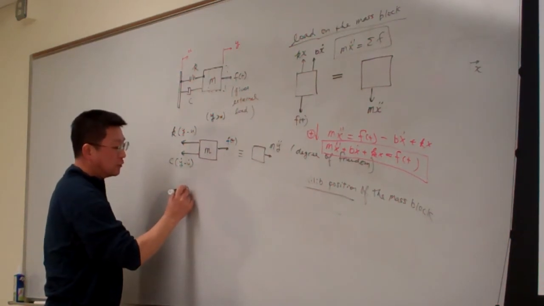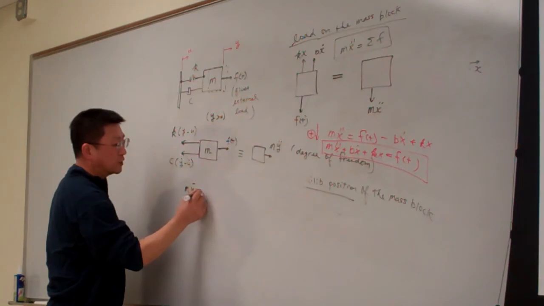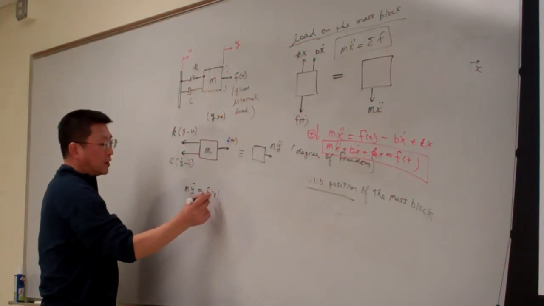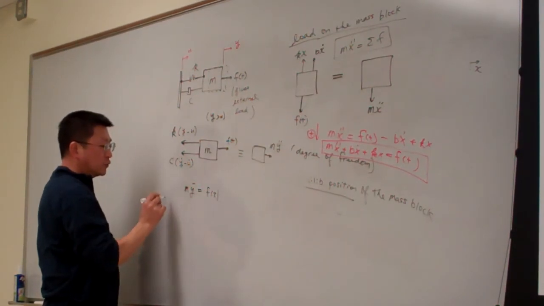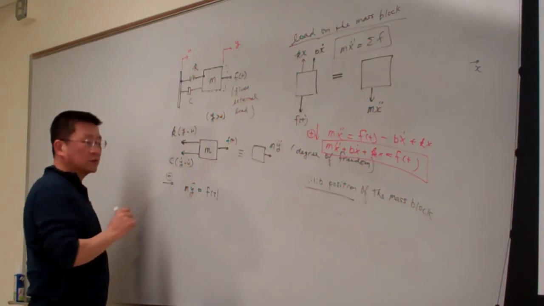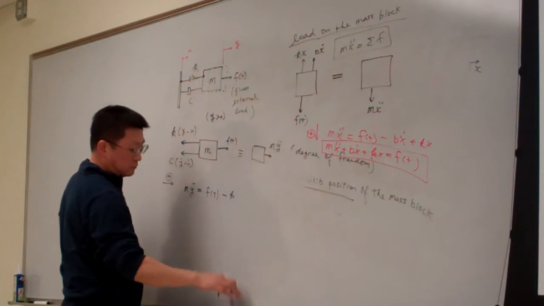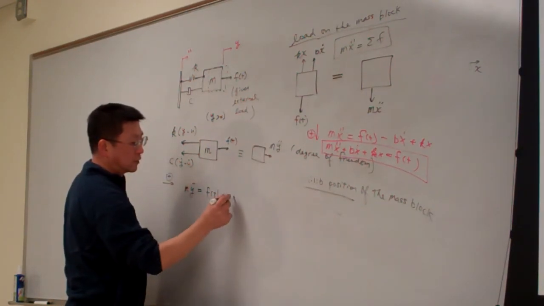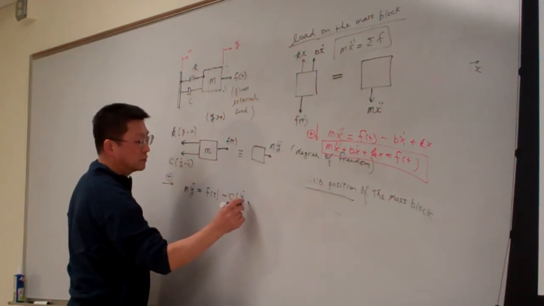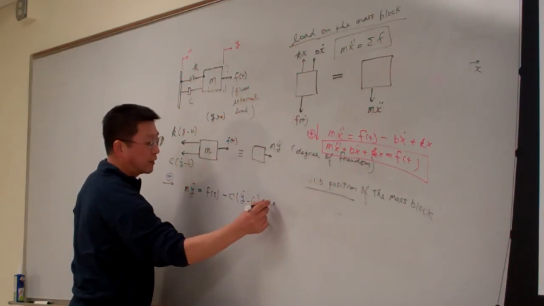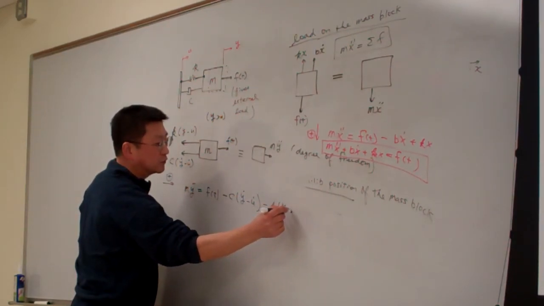So here we can write m y double dot equal to f of t, assuming the sign convention positive rightwards. Okay, so minus c times y dot minus u dot, and minus k times y minus u.